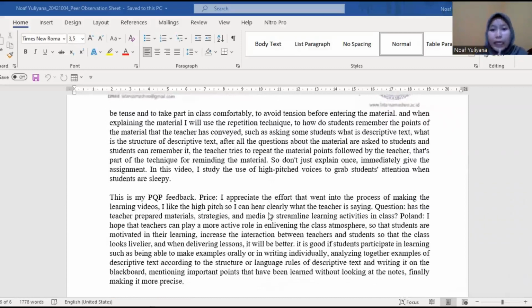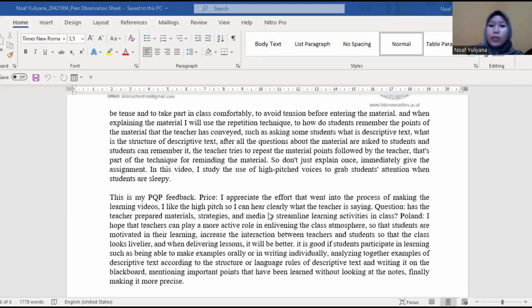To avoid tension before entering the material and when explaining the material, I will use the repetition technique to help students remember the points of the material that the teacher has explained, such as asking some students what a descriptive text is and what the structure of a descriptive text is.